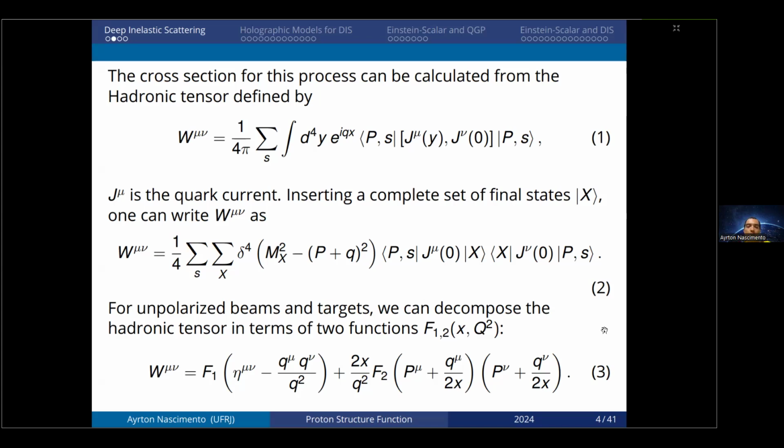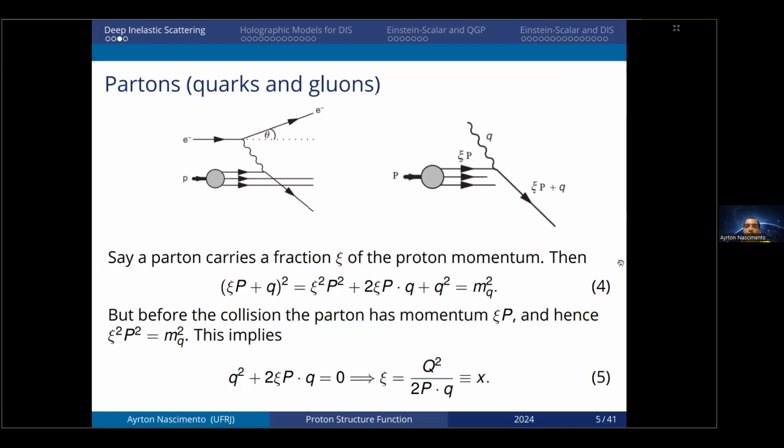Back then, people created this concept of partons, which nowadays we know as quarks and gluons, but back then people didn't call them quarks and gluons. They just gave the name partons to what is inside the proton and also the neutron.